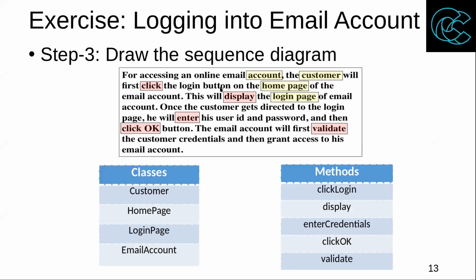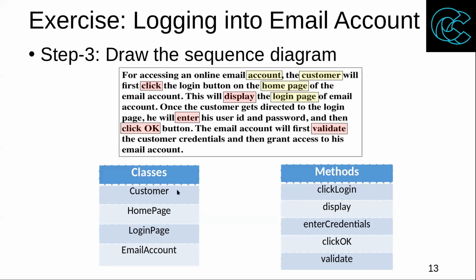Okay, here is an example again. This is an example of logging into an online email account. So you have the username, password, and you log into it. We identified these nouns and verbs. Right? On the left hand side, you see a list of all the nouns, and on the right hand side, you see a list of all the verbs.